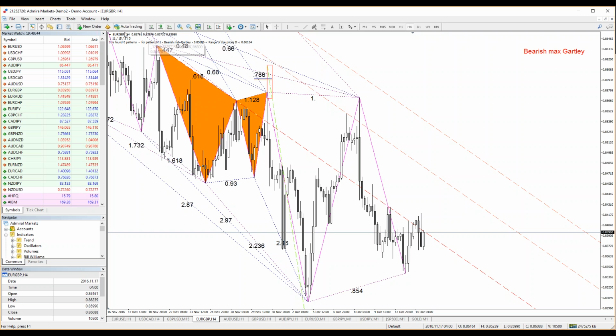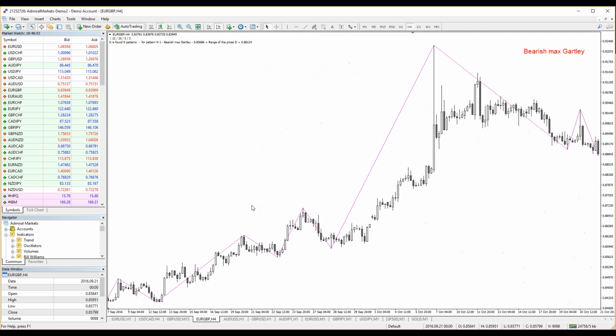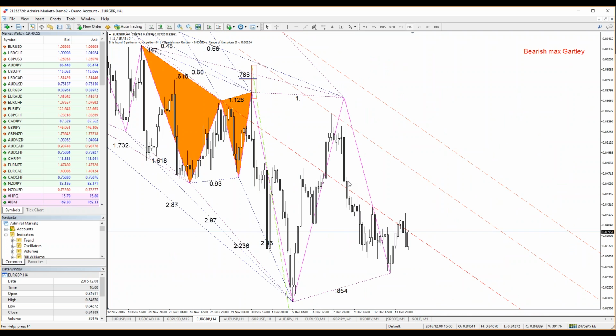Here, for example, the indicator defined this PRZ zone correctly, and you see the price has rejected from the PRZ zone, giving nice shorting opportunities.